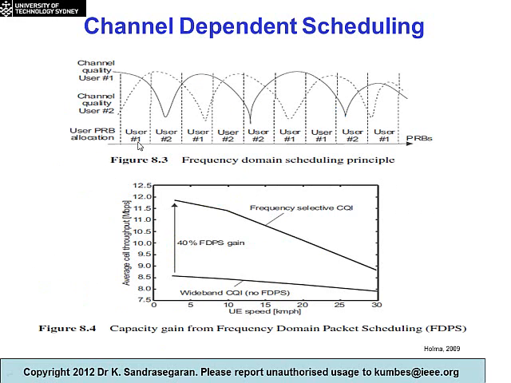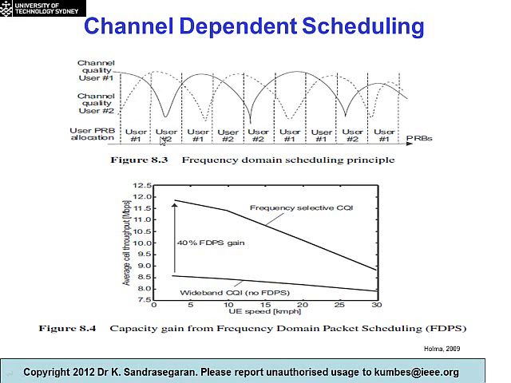Okay, so if you were to take that graph we saw earlier and make it into a one-dimensional graph, this would be an example. The channel quality of user 1 is the dark line, and the channel quality for user 2 is the dotted line. So you can see in this time slot here, user 1 has a better channel condition, so we will allocate this resource block to user 1.